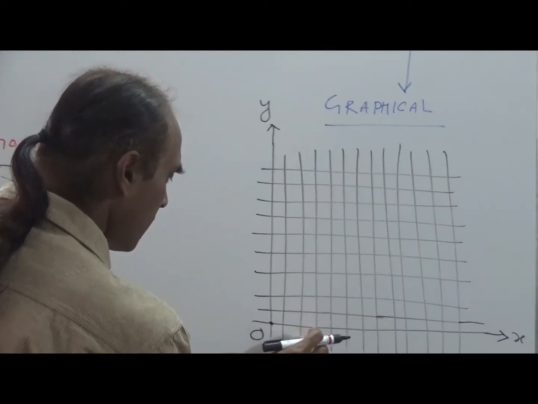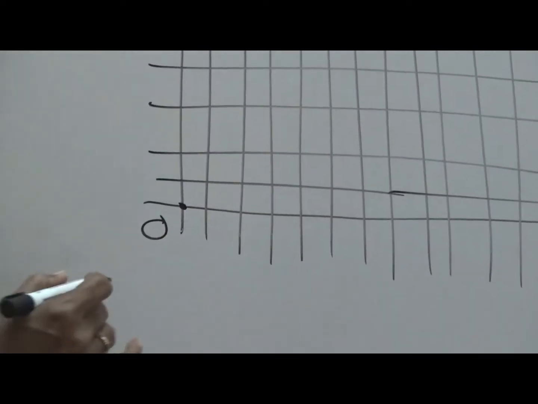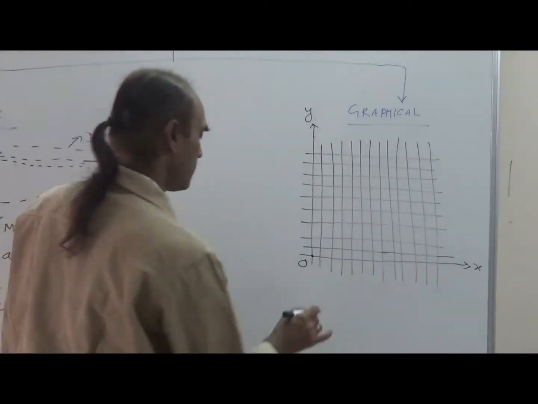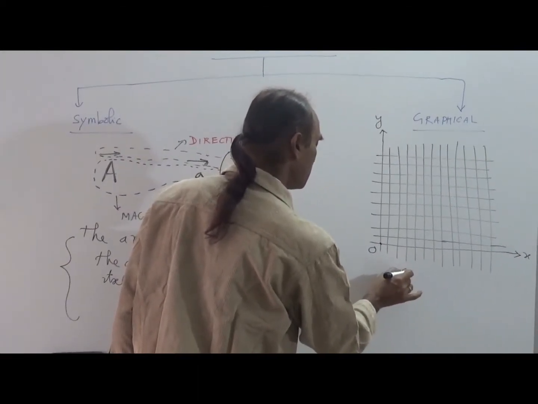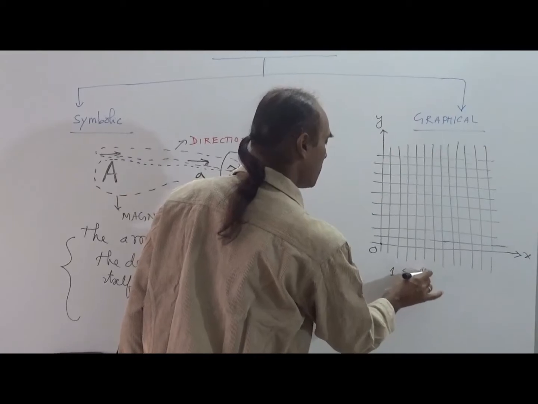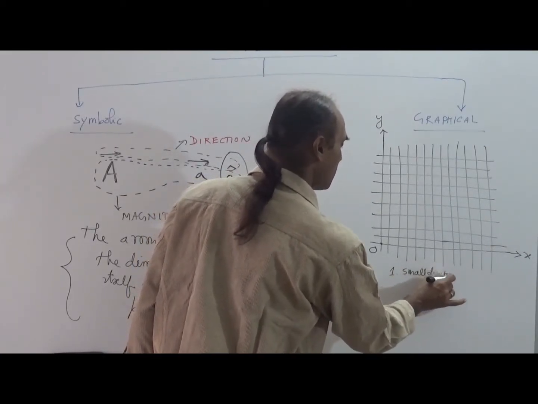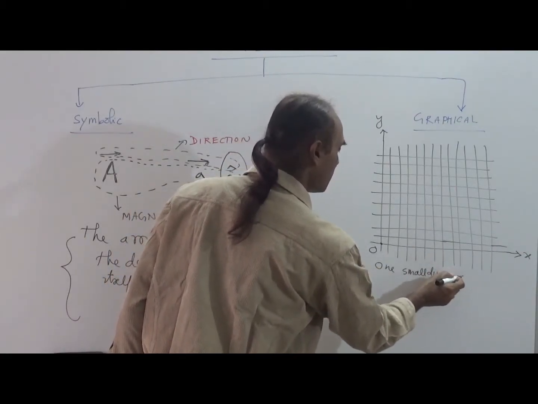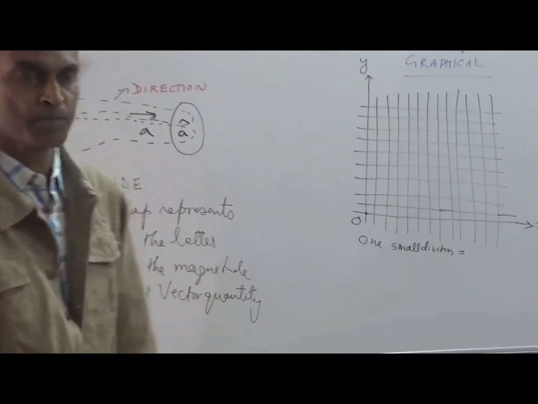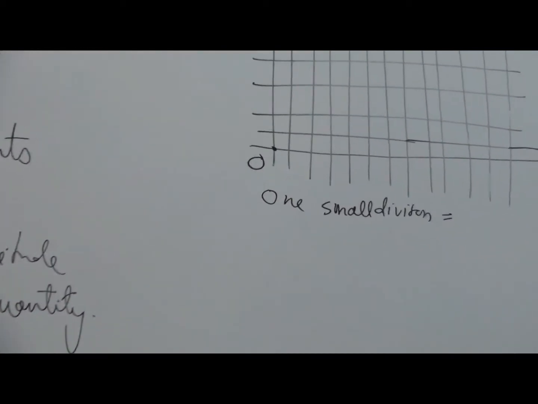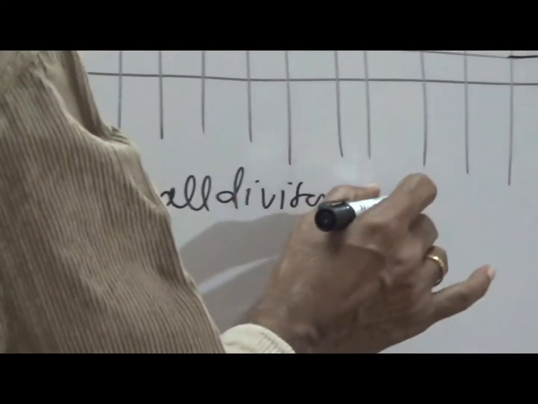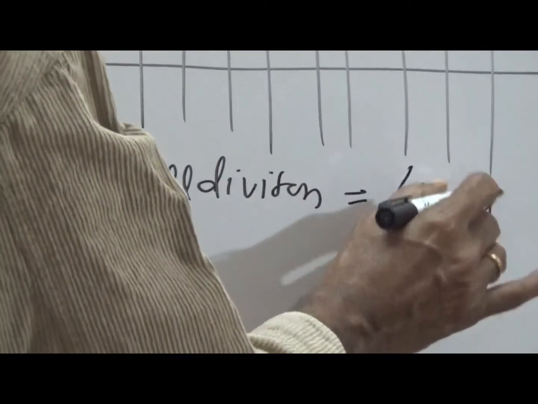These are all the small divisions. Each small division can be taken as, say, 4 units.